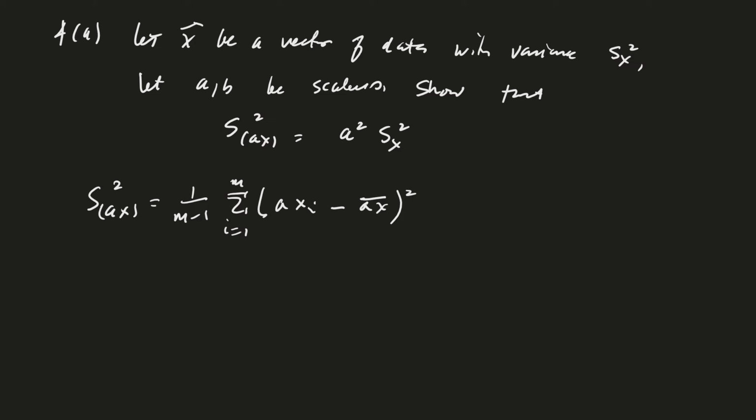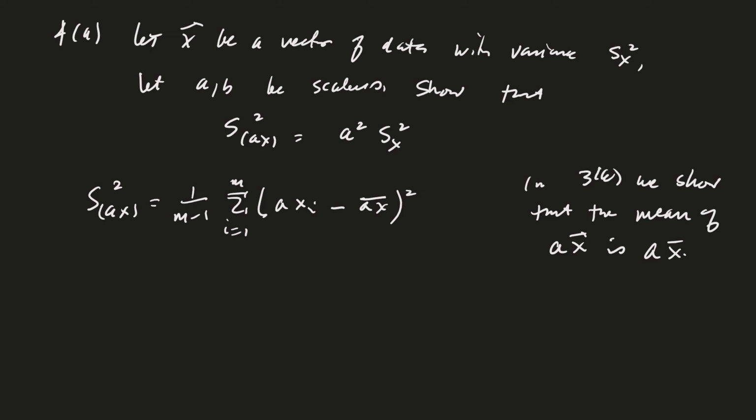And now in 3a, we show that the mean of a times the vector x is a times x bar. That's pretty straightforward to show.